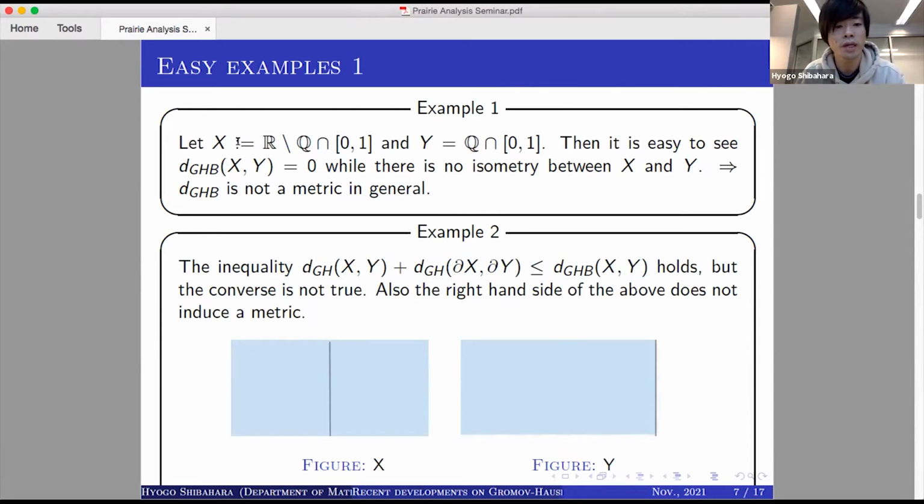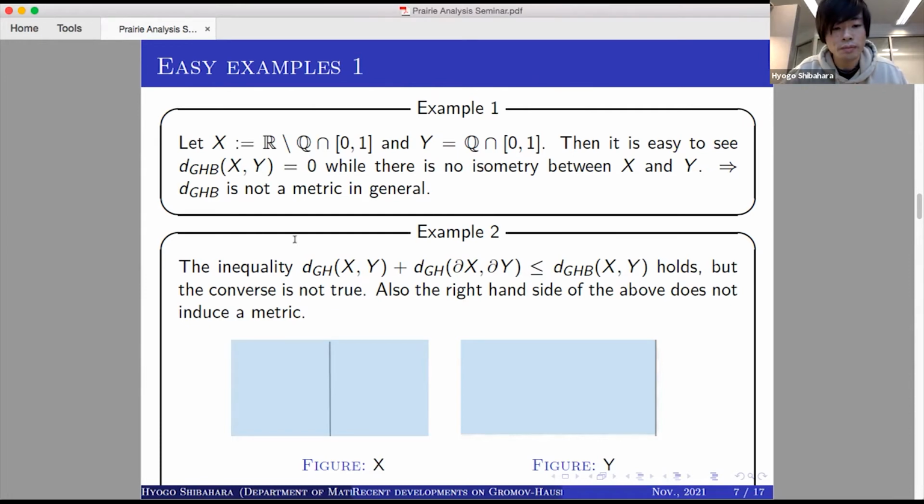If you take the metric boundary of X, then it will be the rational numbers, and the metric boundary of Y is also the rational numbers. So the Hausdorff distance between those boundaries is also equal to 0. But you can easily see that there's no bijective map between these two because the cardinalities are different. So d sub GHB is not a metric in general.